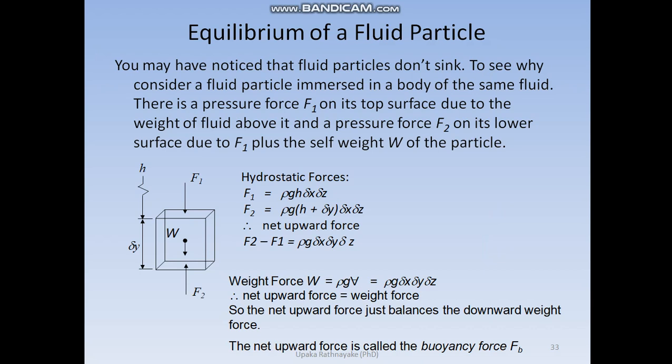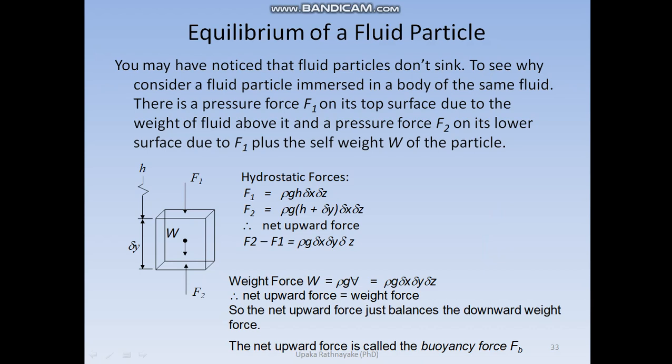Now the top surface is under the pressure. That pressure force is F1, which is equal to rho g h delta x delta z, that is the area, if this surface is underneath the liquid column of h.